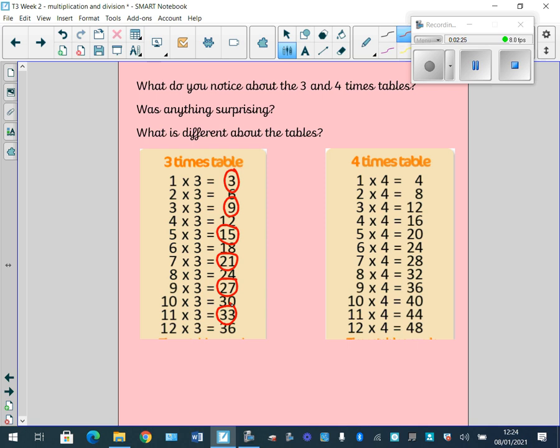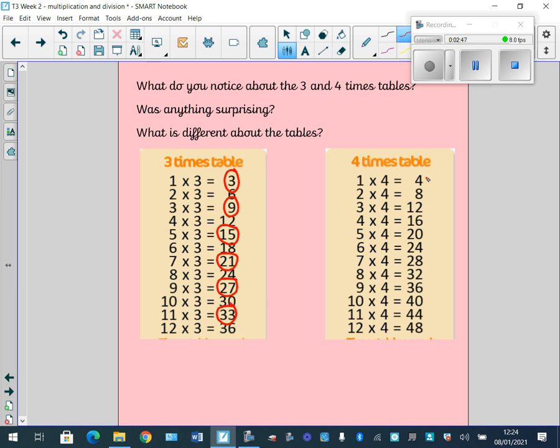And if I look at the 4 times table, can I find any odd numbers? No, no, no, these aren't all odd numbers, so these must be even. In the 4 times table they are always even numbers, which means you can divide them equally into 2 groups. So if I had 4, I could split them into 2 equal groups and that would be 2 in each side.